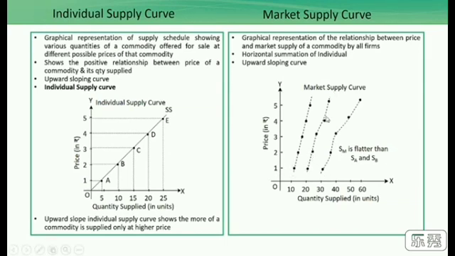So here, assuming we have firm A and firm B, that's how the supply curve looks for both firms. So this is your market supply curve. Remember, it is an upward sloping curve.